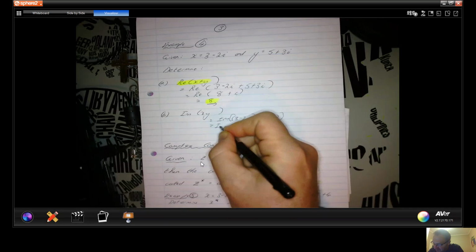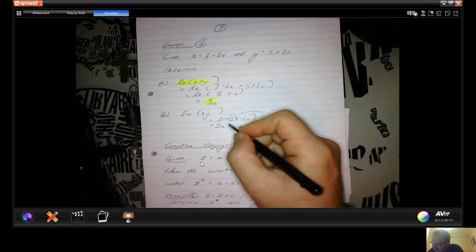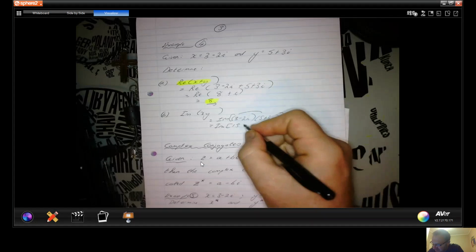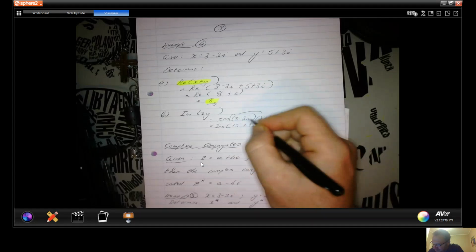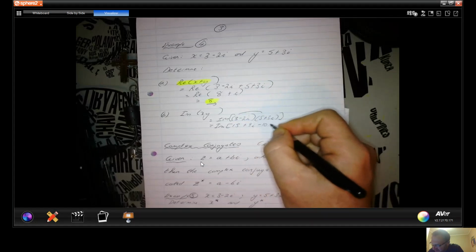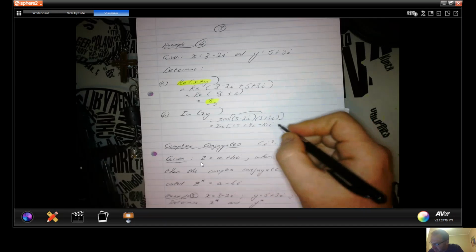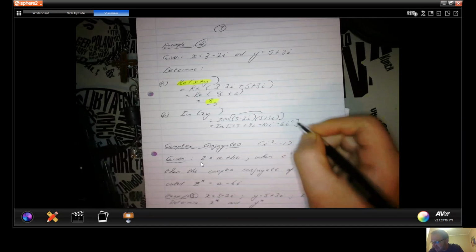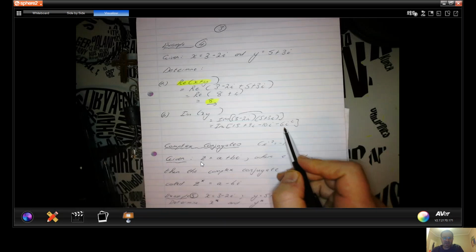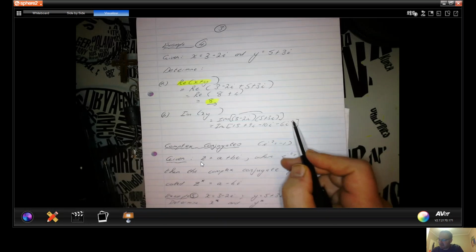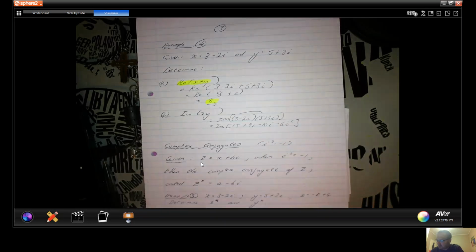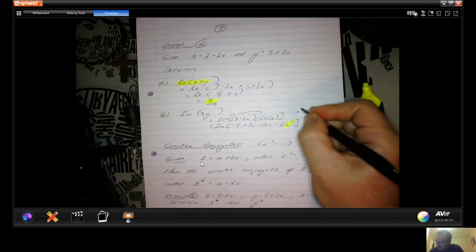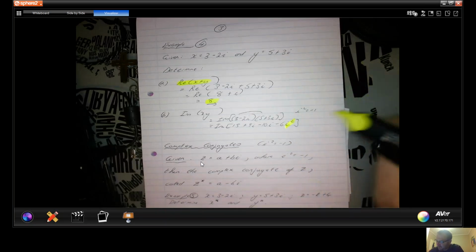Just use FOIL, and we get the imaginary part of 15 plus 9i minus 10i minus 6i squared. With practice, you can skip steps. Remember, i squared is equal to negative 1.